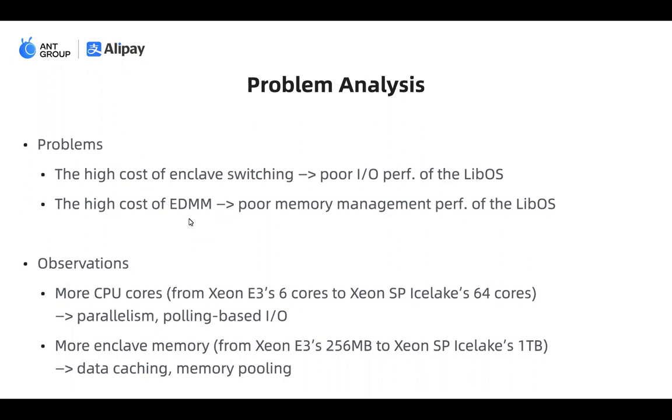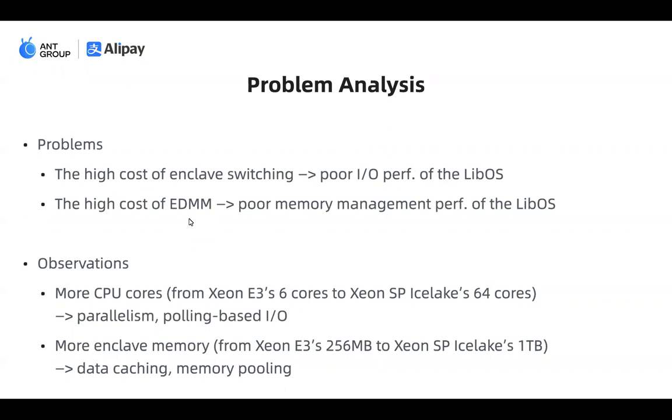With the increased number of CPU cores, we can try to do more to increase parallelism, so that we can have higher CPU utilization. And since we get many more cores, we can try polling-based I/O instead of interrupt-based I/O. The second observation is that since we have more enclave memory, we can try to make better use of the memory and do more caching and pooling to improve performance.